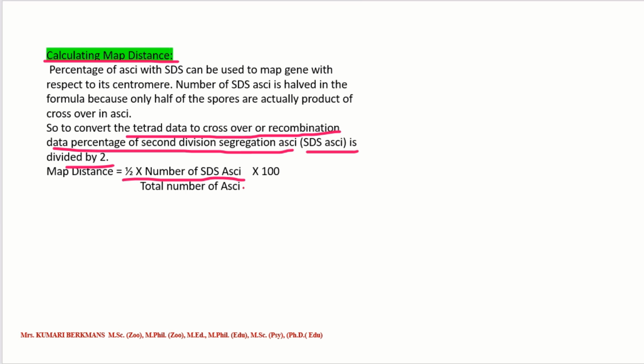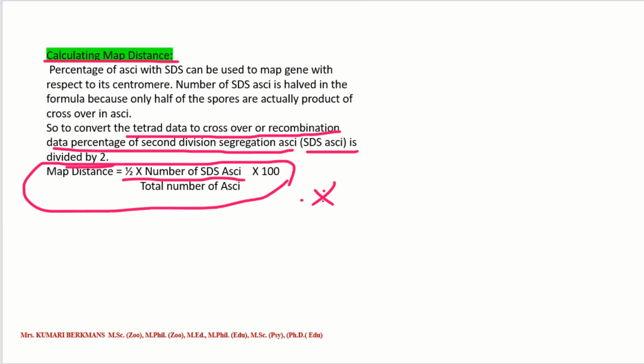This is the formula for calculating the map distance. This is very, very important, so make a note. They'll ask what is SDS and what is FDS, in the sense first division segregation, second division segregation, and the formula: map distance is half into number of SDS assay divided by total number of assay into 100.